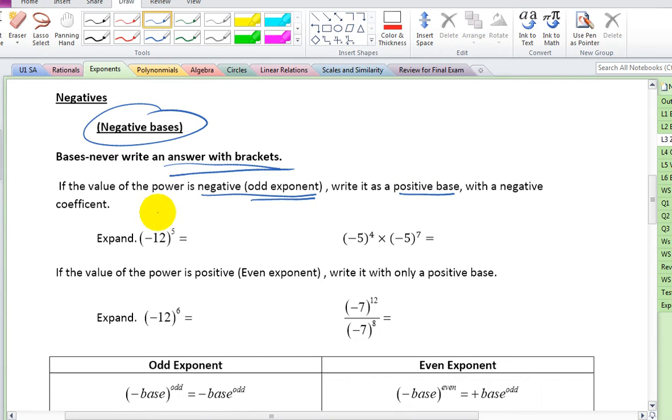So for example, right here, this will be negative 1 times 12 exponent 5. So we move our brackets and the negative sign stays. Over here, we would write negative 5. 4 plus 7 is 11.